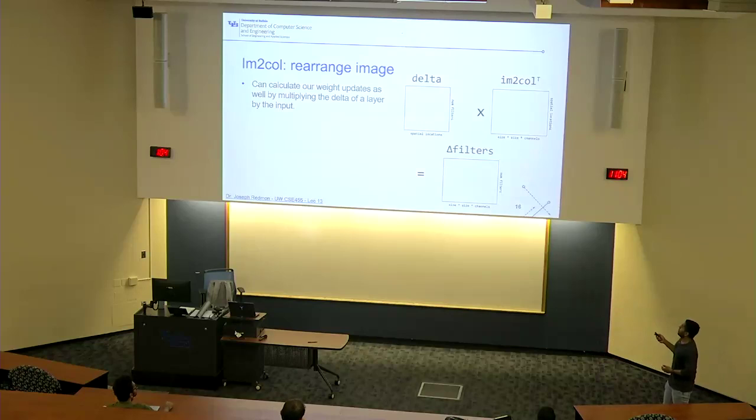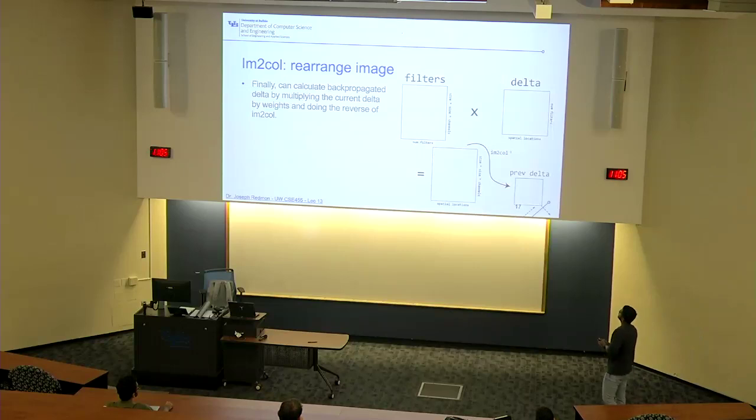So by representing the delta of a layer also as a matrix with shared dimensions, we can multiply that with the transpose of the im2col representation, and that gives you the desired change in filters. Using that, we're able to calculate our weight update step.